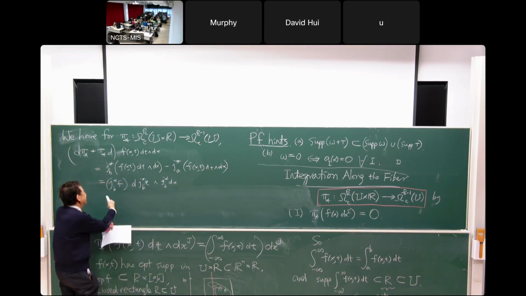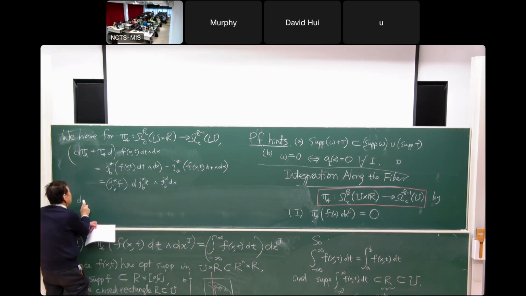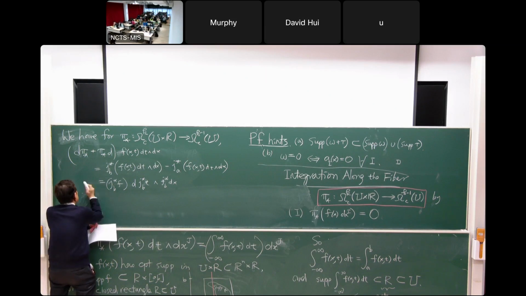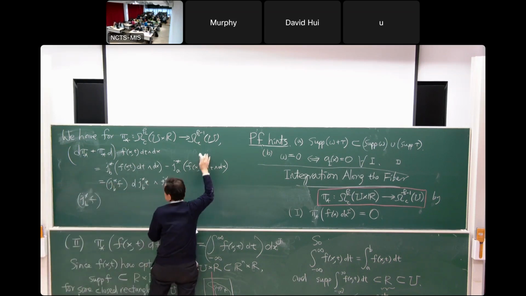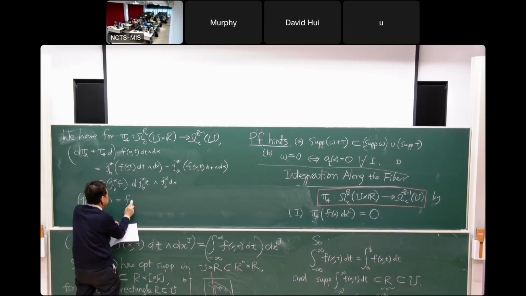Well, let's just look at one term. What is JB star of T? Or maybe let's look at JB star of F. Now that's supposed to be a function on U, so it's a function of X. And pulling back is the same as composition.